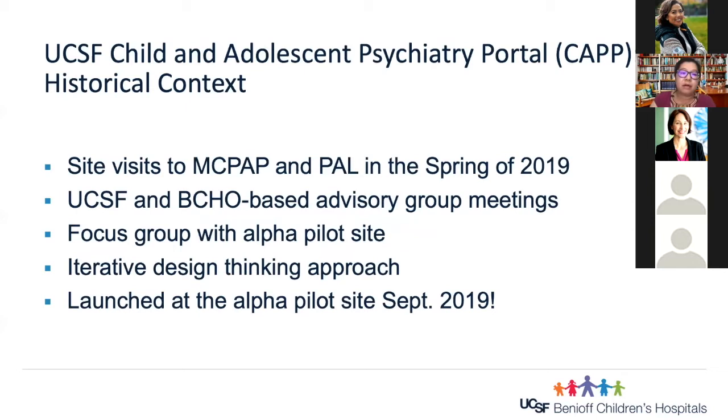We first performed a number of site visits. We went to both MCPAP and PAL in the spring of 2019. And we met with a lot of stakeholders, who might be at this meeting now, to talk about what the needs were and what resources we could provide.